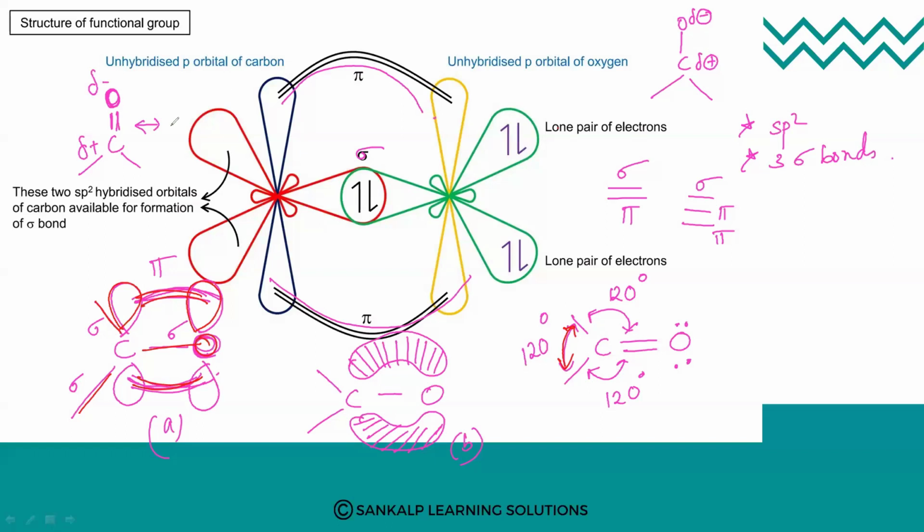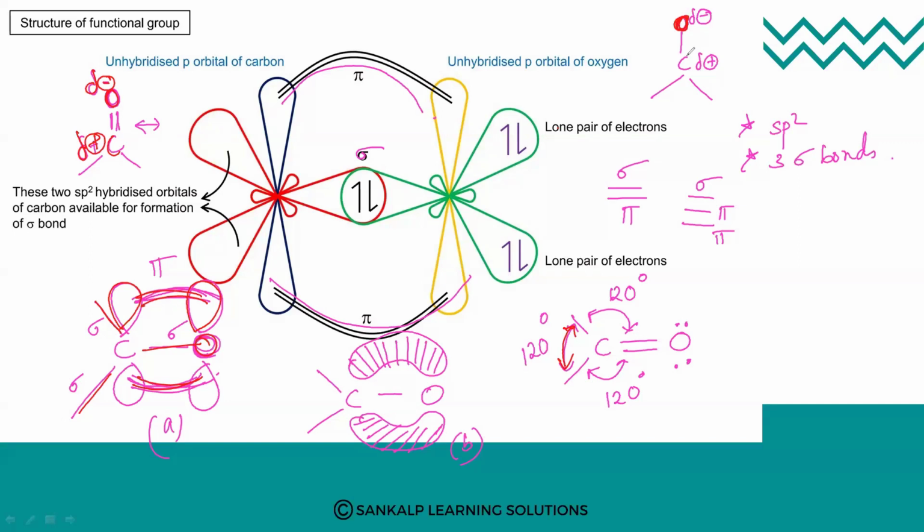Because oxygen is a highly electronegative atom, bond polarization takes place. As a result, oxygen will get a negative charge, and carbon will get a positive charge. The carbon-oxygen double bond is polarized because of the electronegativity of oxygen; as compared to carbon, oxygen is highly electronegative.